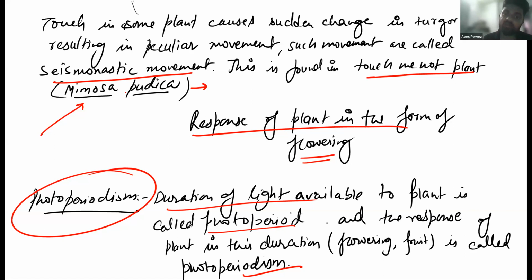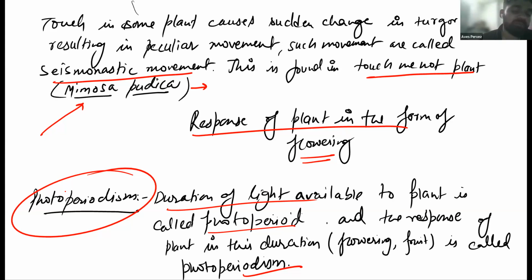Yes, sir. And here also, photoperiodism means how some plants respond. How do plants respond to some stimulus? By flowering and by bearing fruits. Some plants are capable of flowering if a short duration of light is given, like 6 hours, and some plants require more light, like 10 to 14 hours, for proper flowering.